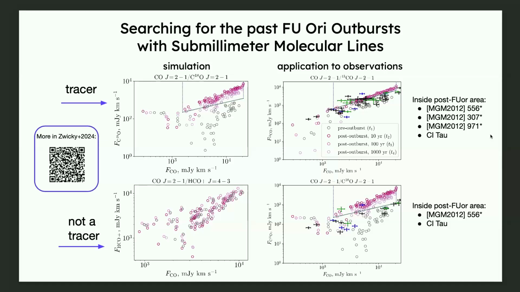On the right, there is an example for 2 tracers on CO isotopologues with some observations of currently quiescent disks, and we actually find that some of the objects are inside the post-outburst area and thus possible disks with previous FU Ori outbursts.